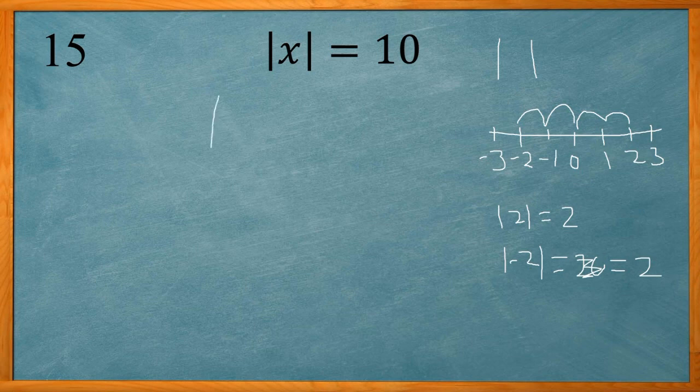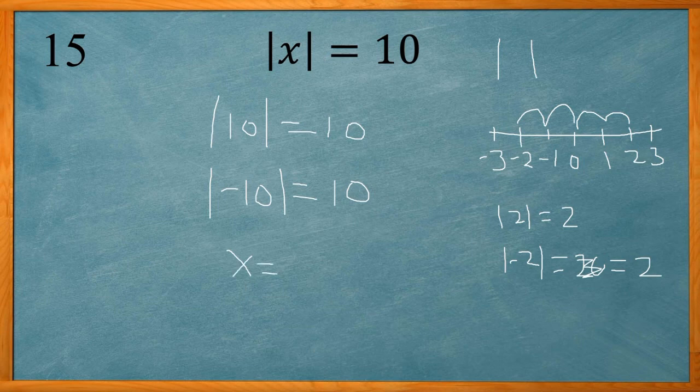We know the absolute value of 10 gives you 10, and the absolute value of negative 10 also gives you 10. So our two answers are x equals 10 and x equals negative 10. Okay, so that's how you solve an equation using absolute value.